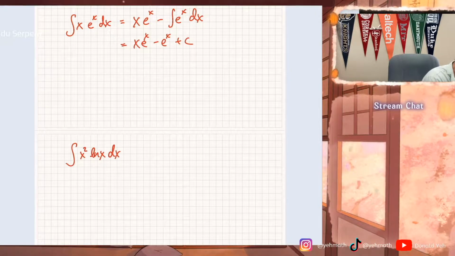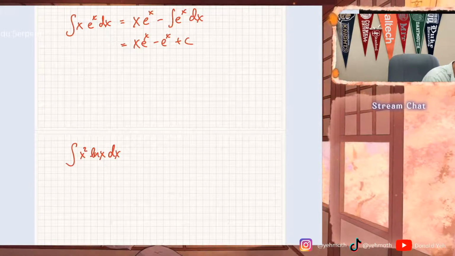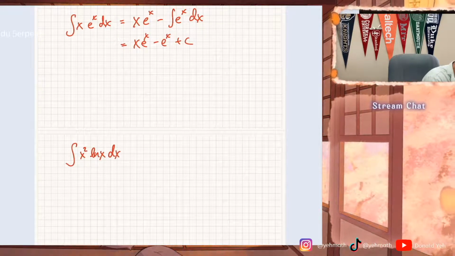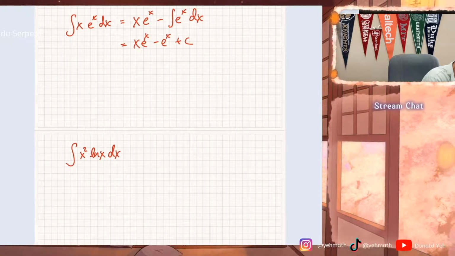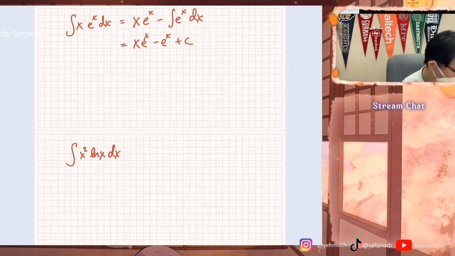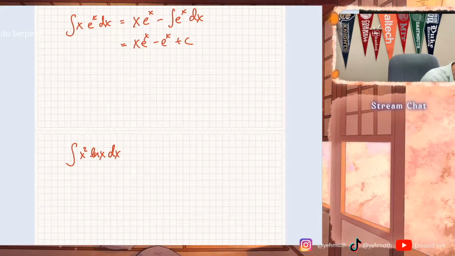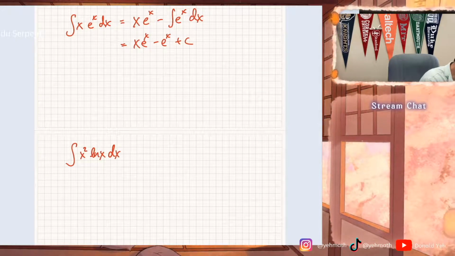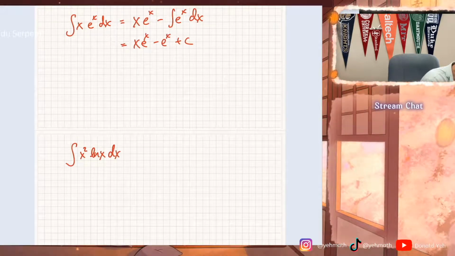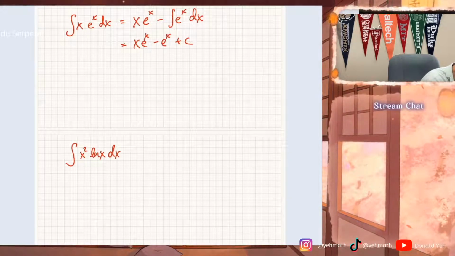Dude, the question is, where the hell? Yeah, I just need to simplify this part. Okay, fine. On the trig, we have that. I don't know if that's right.